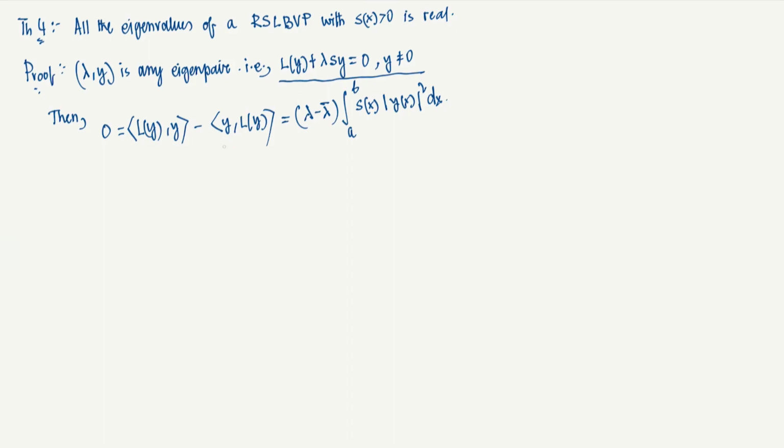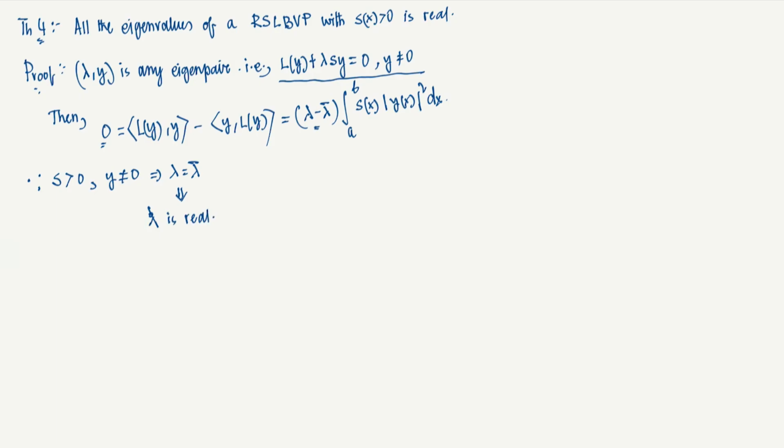So in this case, L y acting at y minus y acting at L y will look like this. Now you see, S is given to be positive. Since S is positive and y is non-zero, this particular thing has to be equal to 0. So lambda has to be equal to lambda bar. That will imply that the eigenvalue lambda is real. I hope this is clear.